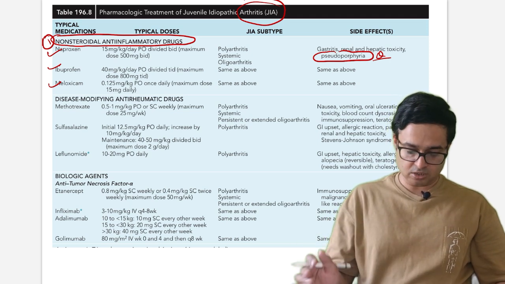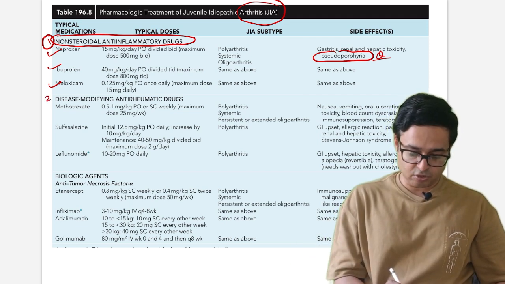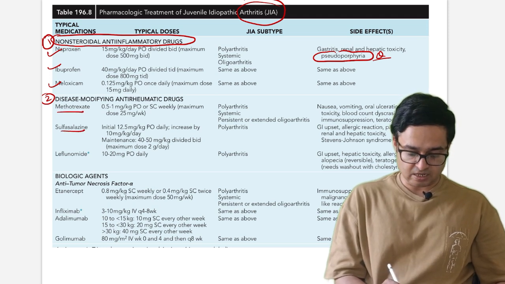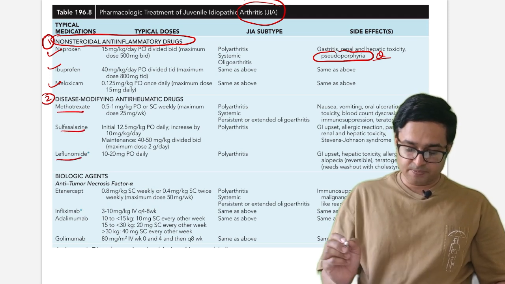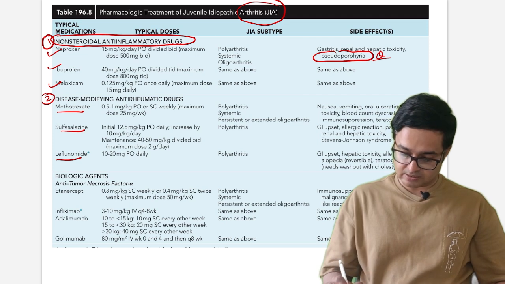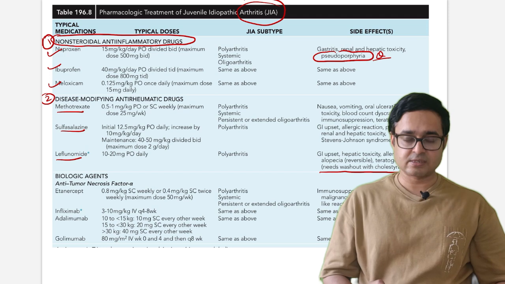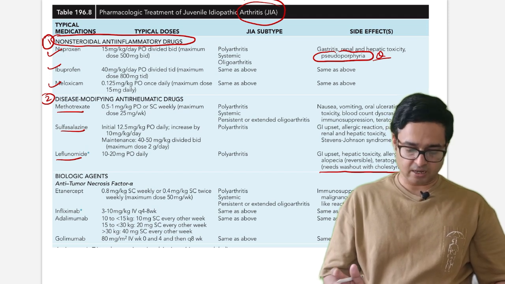Repeatedly asked question. Disease modifying antirheumatic drugs, DMARDs: methotrexate, sulfasalazine, and leflunomide. The important point is, which drug needs washout with cholestyramine? Repeat question. This is leflunomide. The doses and others, if you want to remember, you can.